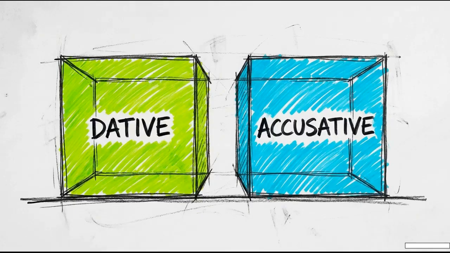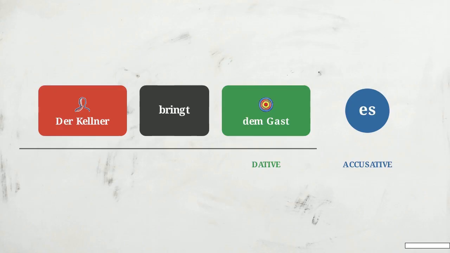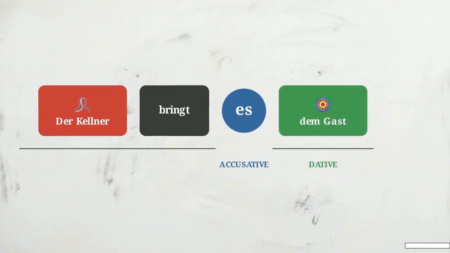In standard German sentences containing two full noun objects, the dative object must strictly precede the accusative object. The sequence is fixed for nouns, though the topology becomes more dynamic when pronouns enter the frame. If we replace the direct object das Essen with the pronoun es, the accusative object will typically jump ahead of the dative recipient.